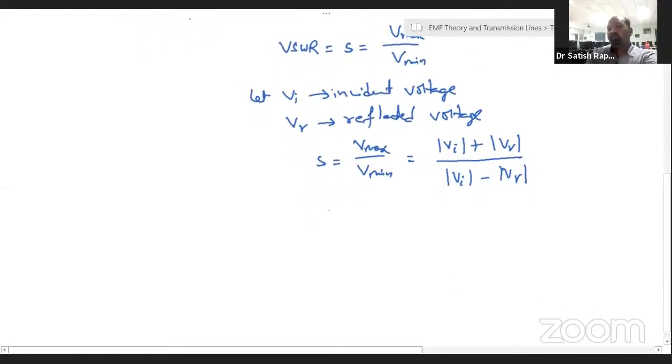Now, for further simplification, let me write it like this. S is equal to, let me take Vi common.